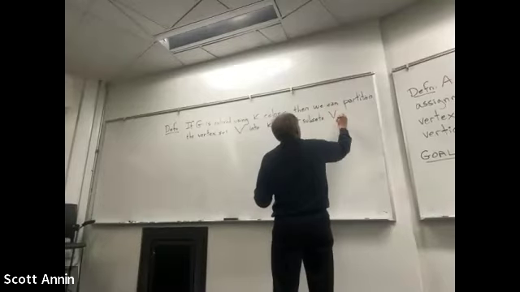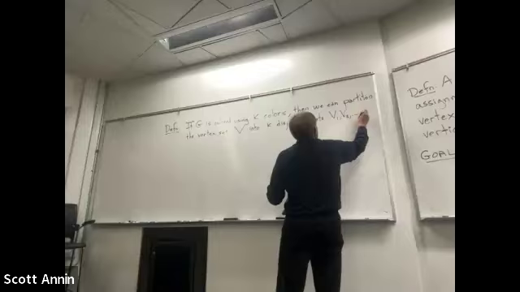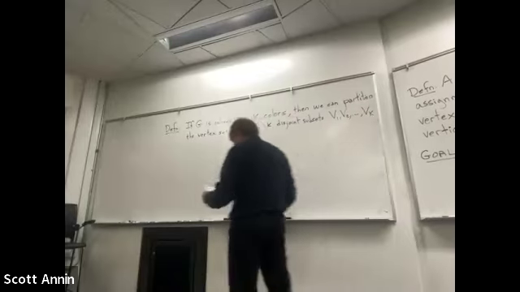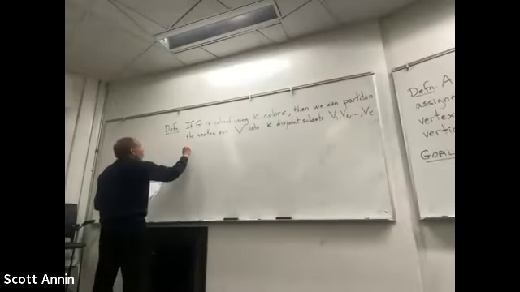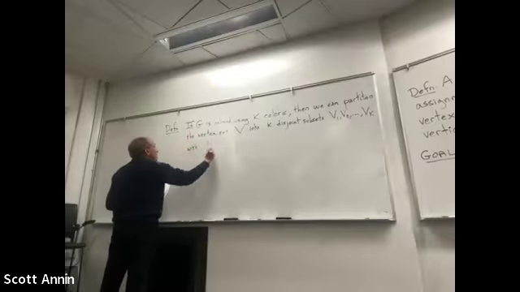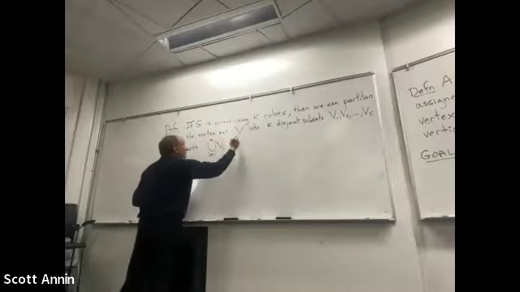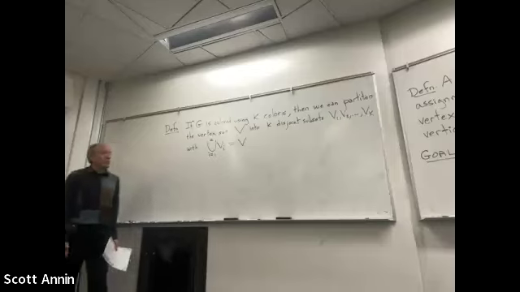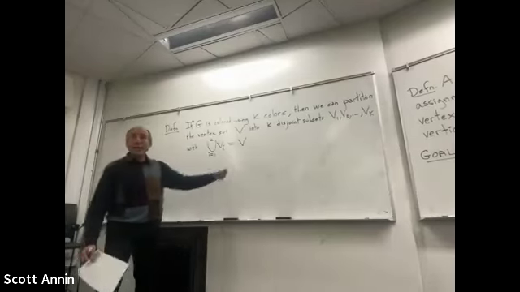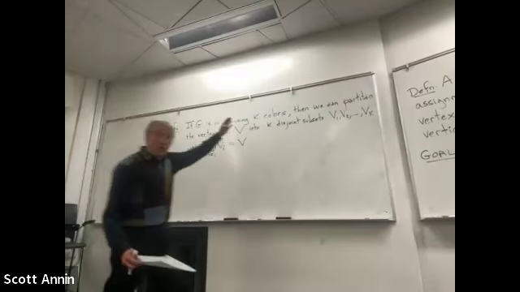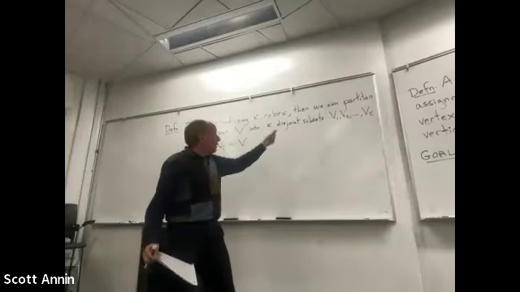We could call those V1, V2, up to VK, with the union, where i goes from 1 to k, of V sub i, the union of all of those subsets, being the entire vertex set V, but they're disjoint, so they have no overlap.